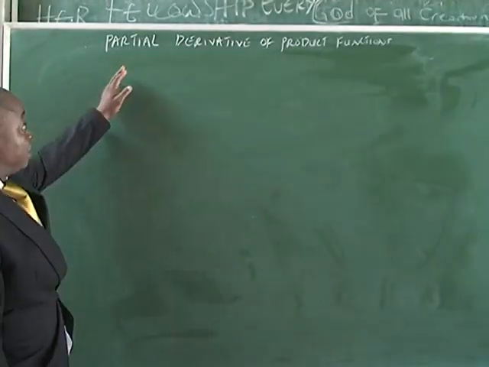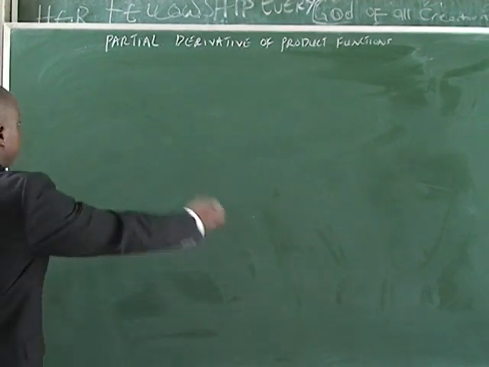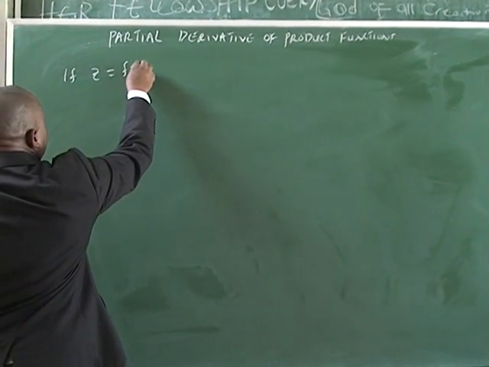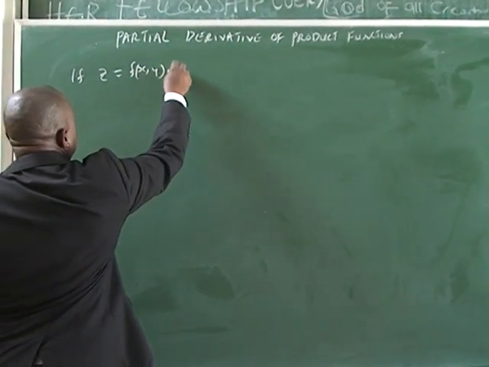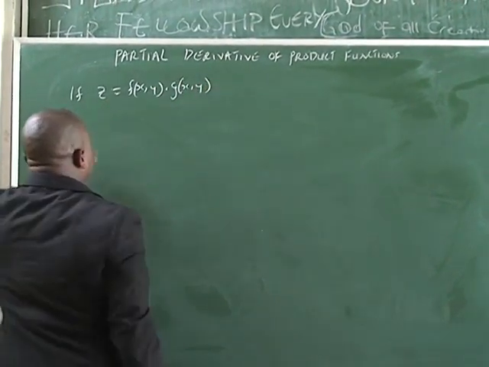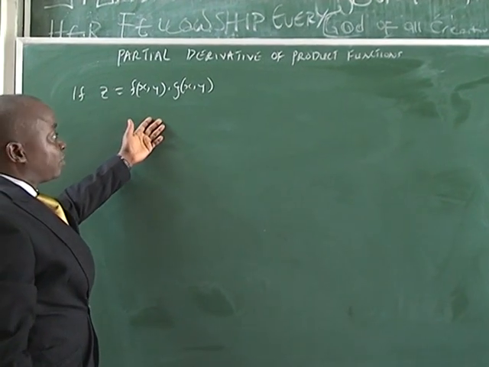Next, we look at partial derivative of product functions. Now, if z is equal f of xy times g of xy, then you know z is a product function.